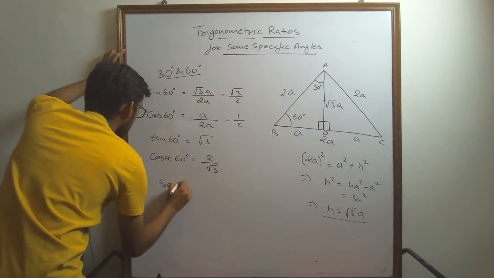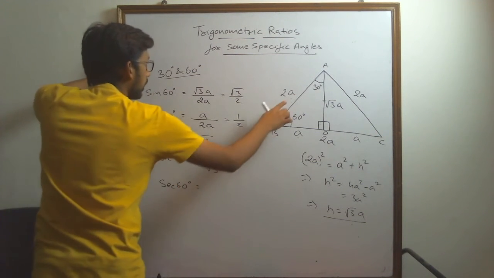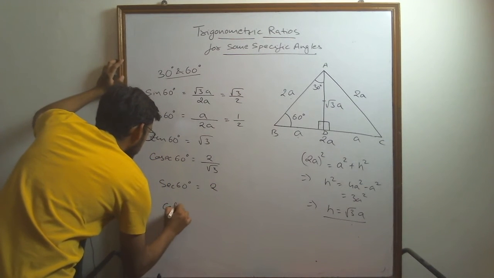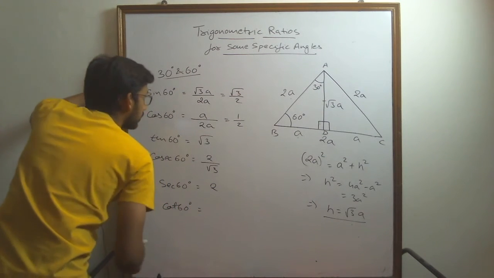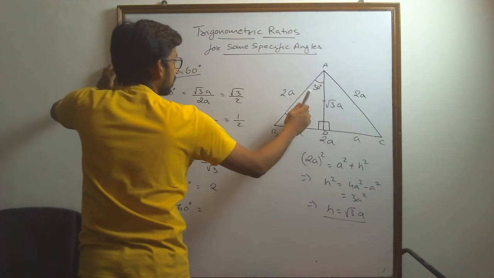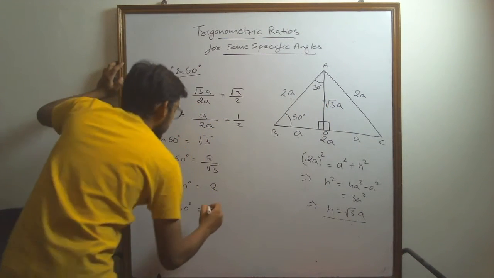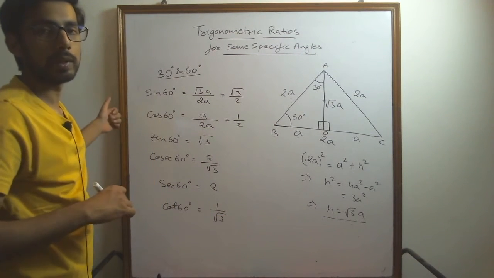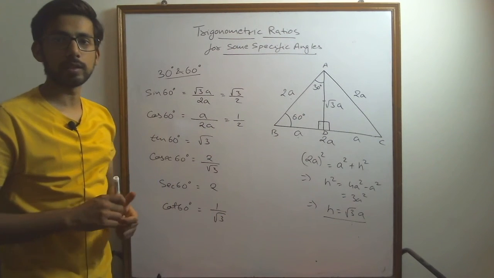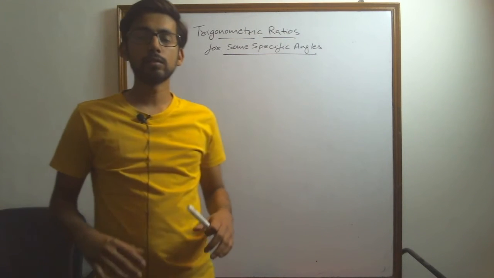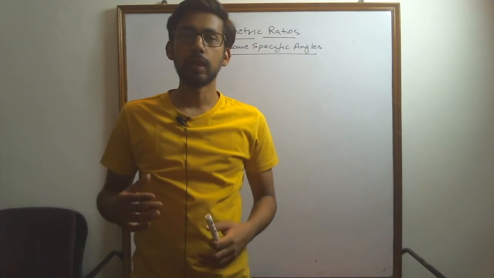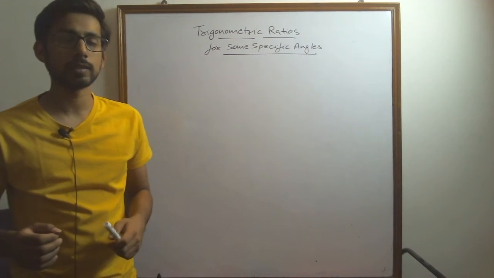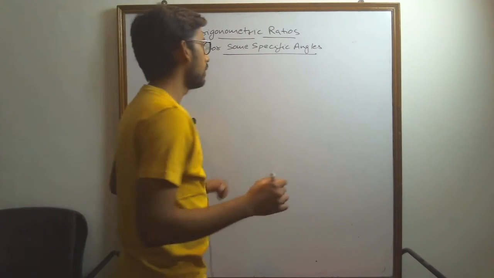Sec 60 degree will be equal to hypotenuse upon adjacent, so this is 2, and cot 60 degree will be adjacent upon opposite, so this is 1 upon root 3. So we get the ratios for 60 degrees. So we use a triangle to help us get the trigonometric ratios for 30 degrees and 60 degrees. We use an equilateral triangle.